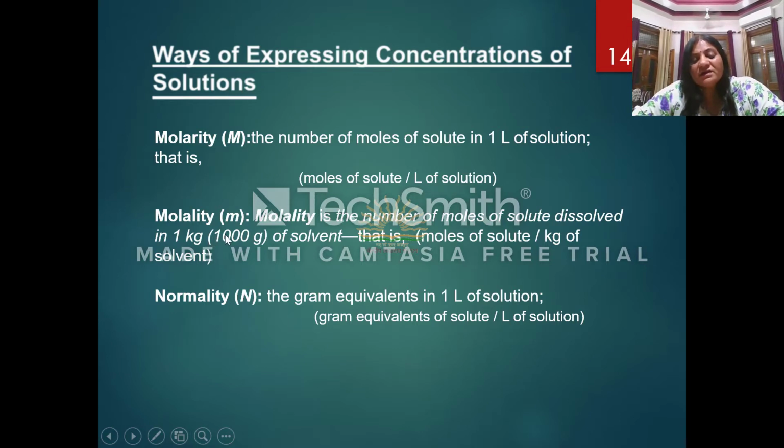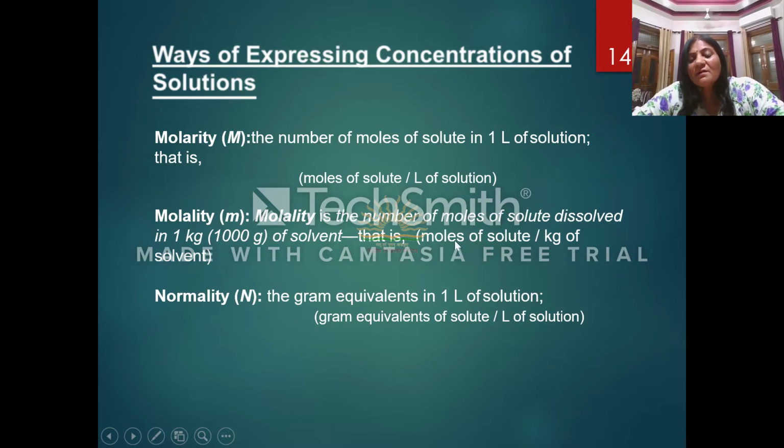Molality is the concentration expression which is universally taken to express the concentration of the solution. Molality is denoted by the symbol small m, while molarity is denoted by the symbol capital M. Molality is the number of moles of solute dissolved in 1 kg of solvent or 1000 gram of solvent.